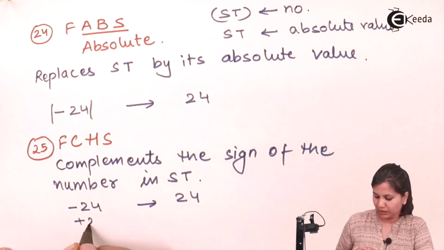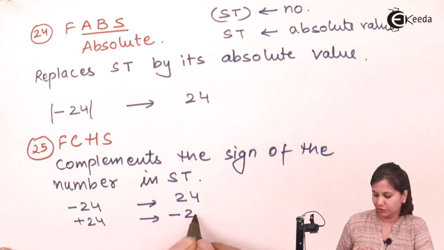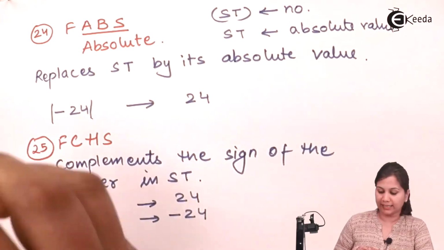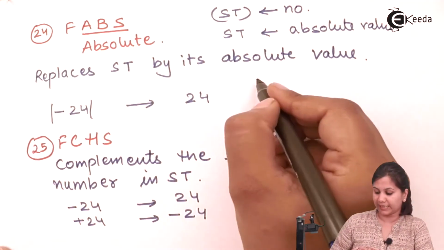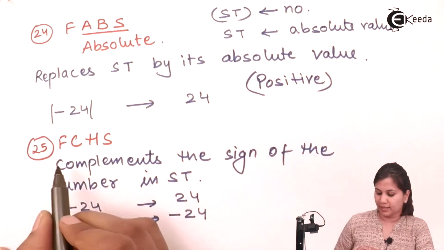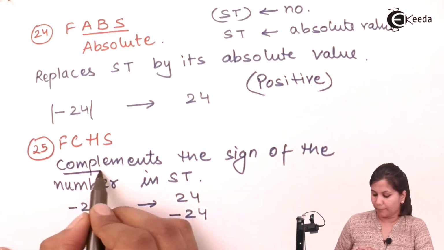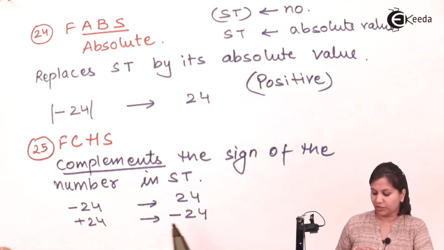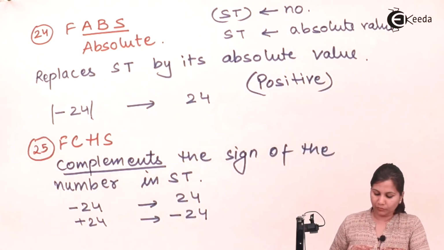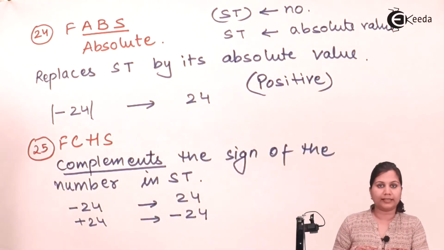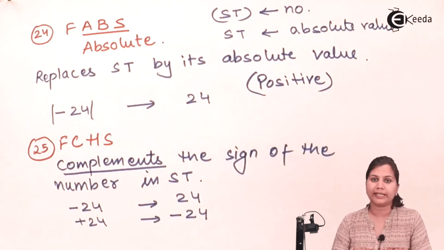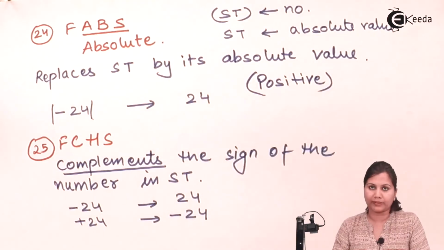If it is plus 24, then it is going to make it minus 24. So the difference between absolute and FCHS is that absolute is always going to make the sign positive, whereas FCHS complements the sign. Positive is changed to negative, negative is changed to positive. So these are the arithmetic instructions available in the instruction set of the 8087 math coprocessor.